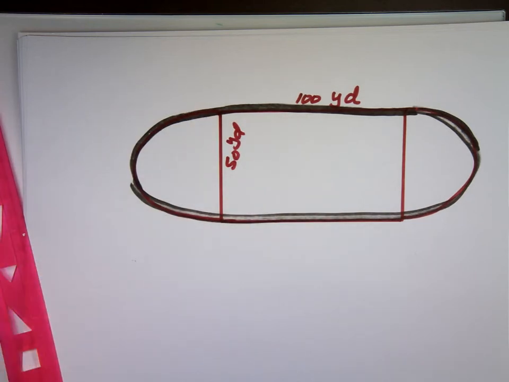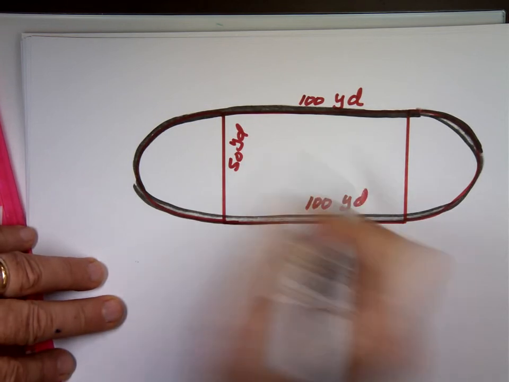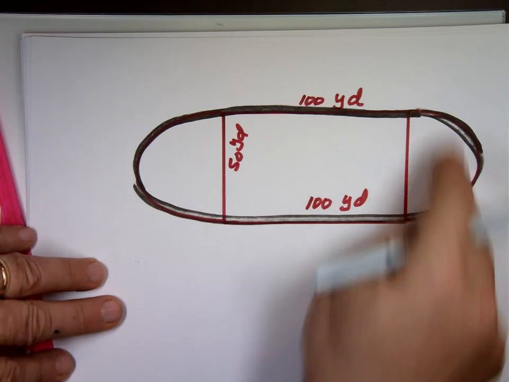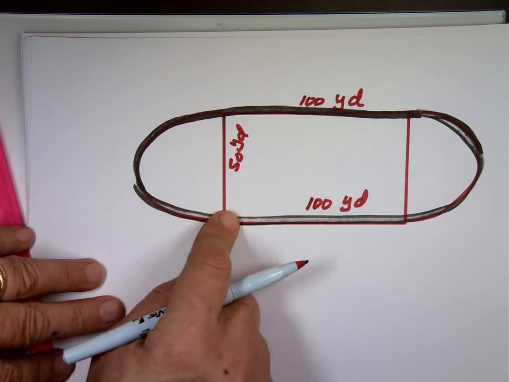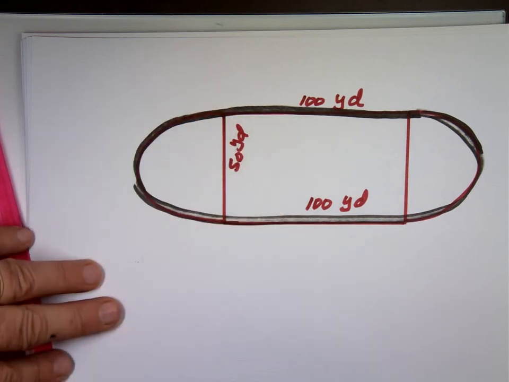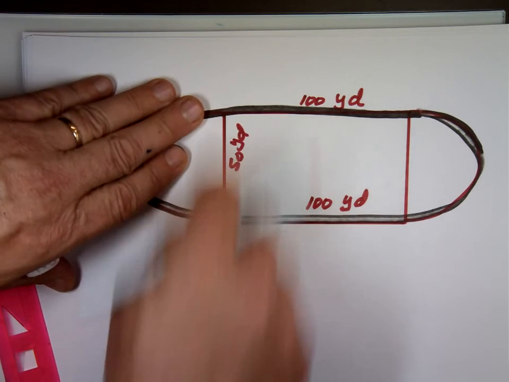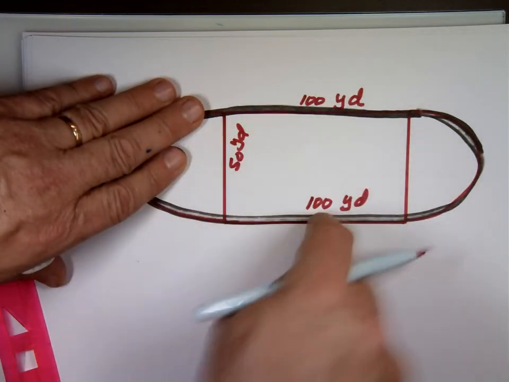So you got the 100 yards plus the 100 yards here. But what about that piece and this piece? Well, you didn't go straight down. If you walk straight down, it's 50, but you went like this. Yeah, if you went down here, 90 degrees, down here, 90 degrees, you're right. It'll be 50, 50, 150, 150. But this time you went on the outside.